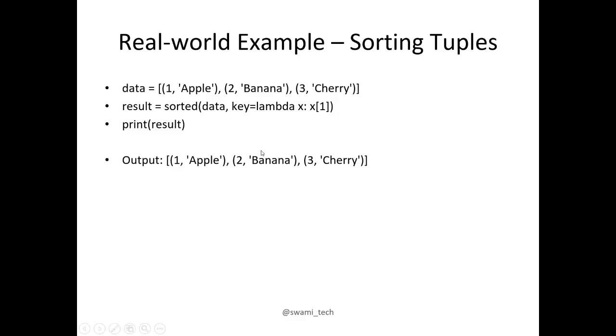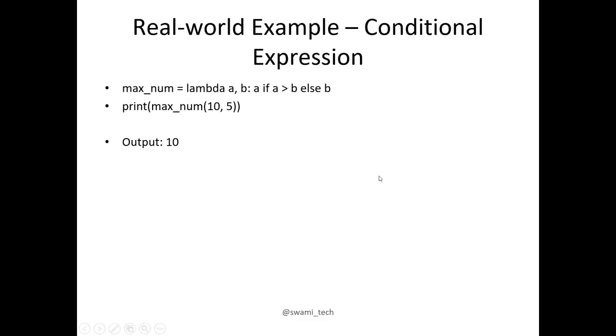The output should be 1 apple, 2, and 3 cherry. They're super handy for sorting and organizing lists of records. You can try this out. And in another real world example, you can even use conditional logic in lambda. This works just like an inline if-else statement when we call it.